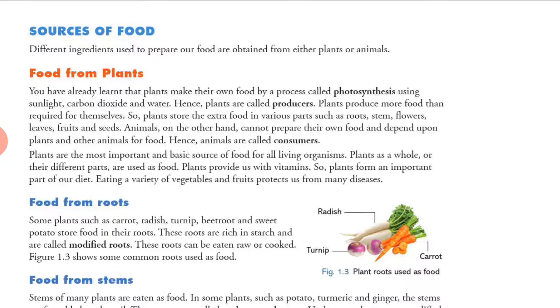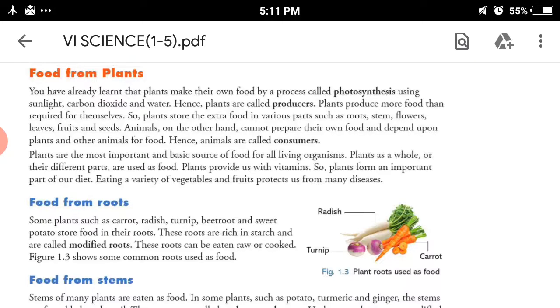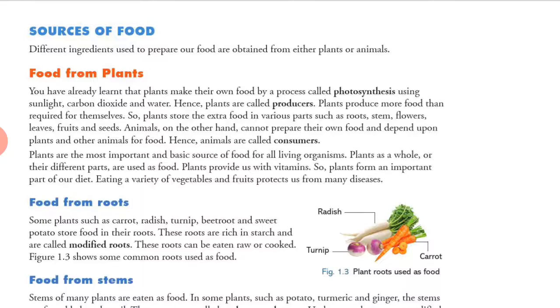You have already learned that plants make their own food by a process called photosynthesis using sunlight, carbon dioxide and water. Hence, plants are called producers. Plants produce more food than required for themselves, so plants store extra food in various parts such as root, stem and flowers, leaves, fruits and seeds.